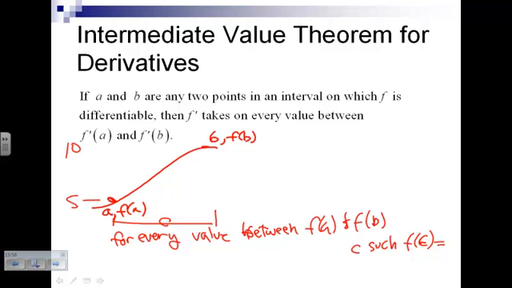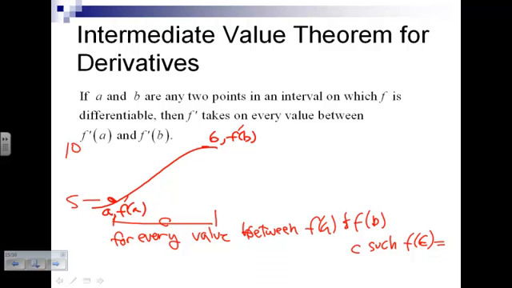Here's the intermediate value theorem for derivatives. F prime, F prime. If a function's differentiable, we also have this quality, that the derivatives have to fill in all the gaps in between the two values of the derivatives as well.